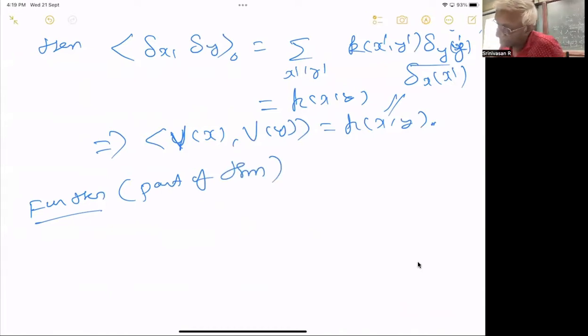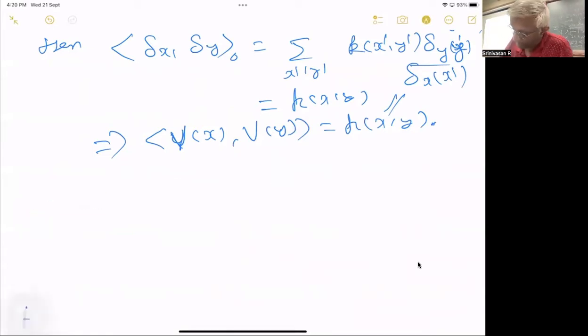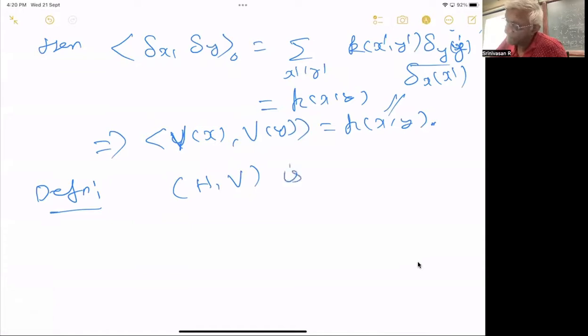Further, maybe I'll write it as a definition. The definition: this pair, H with V, is a Gelfand pair for S with K.